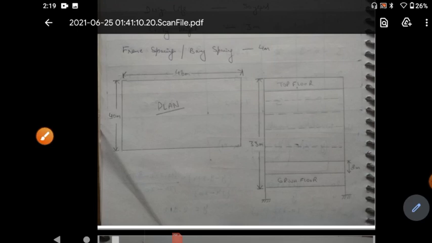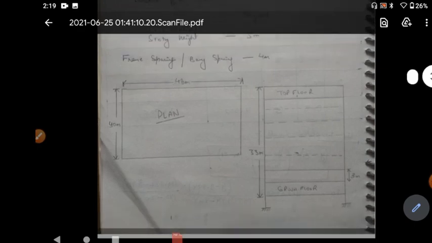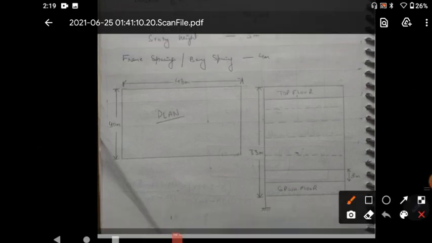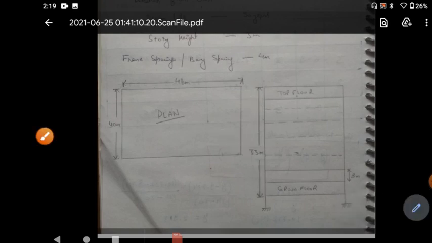Now I have drawn the elevation of the building. The total height of the building is 33 meters, as you can see here. One more thing I would like to tell you is that the height of each story is 3 meter, so the number of stories would be 11.